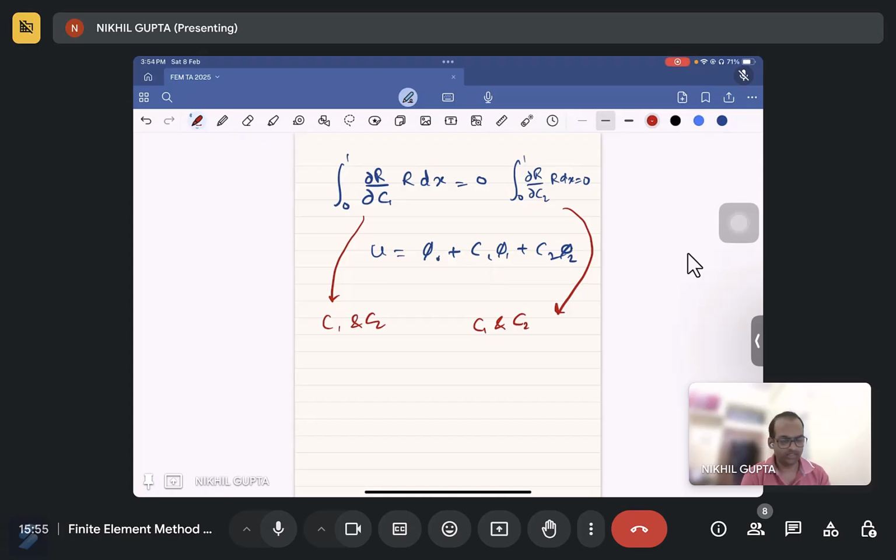Hello. Am I audible? Yes. I have some basic doubts, actually related to the potential energy density equation we have written in the very beginning, while we derive this element, the calculus of variation.